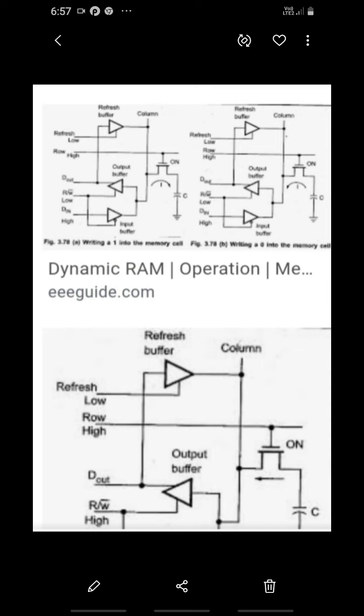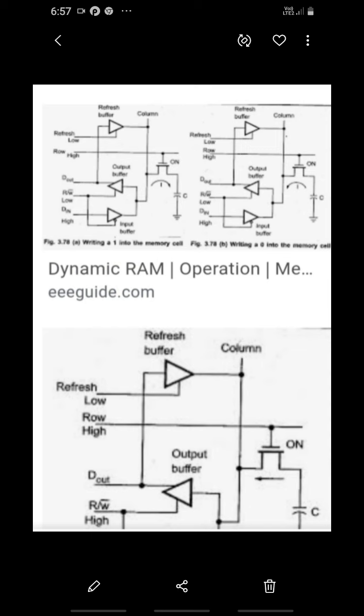In this type of cell, the transistor acts as a switch. The basic simplified operation is shown in the above PPT.